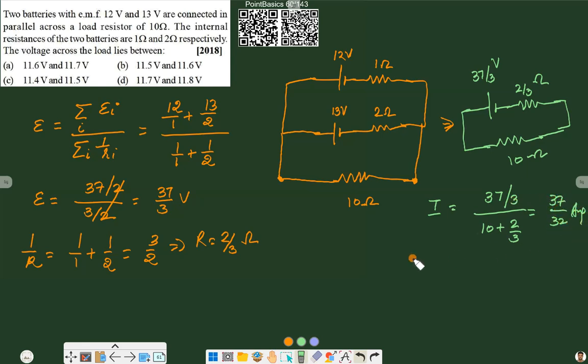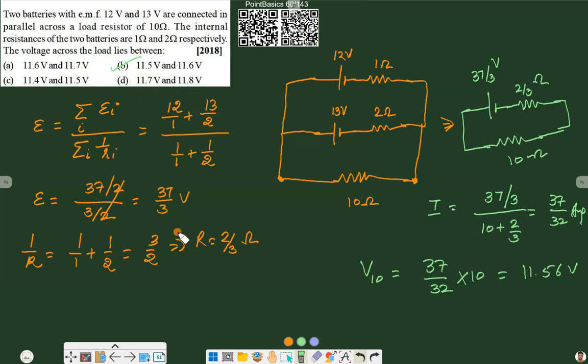This will be the current in the circuit, and potential drop across this 10 ohm resistance will be 37 by 32 into 10, and that comes out to be 11.56 volts. That lies well within option B's range, 11.5 to 11.6.